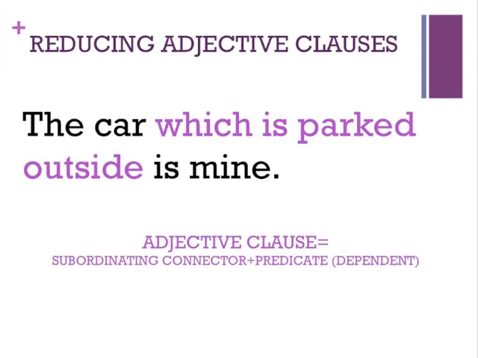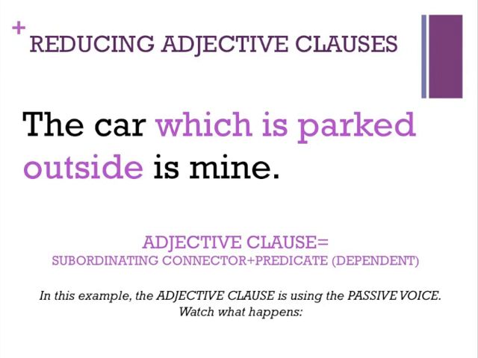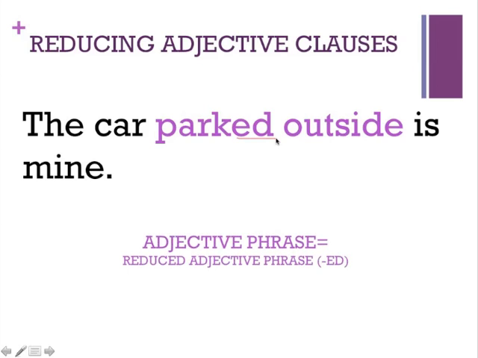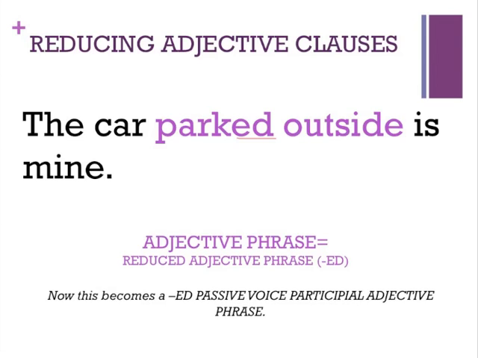Now, watch what happens, though, when we change the verb into the passive voice. So in this case, the car which is parked outside is mine. Notice we kept the ed participle and reduced it to an adjective phrase, but specifically one that is a passive voice.